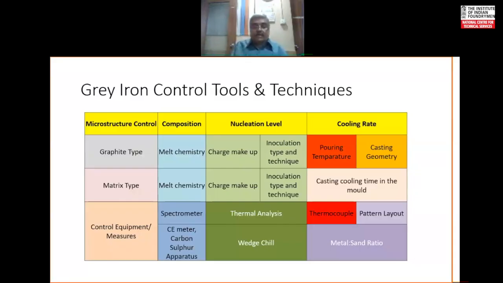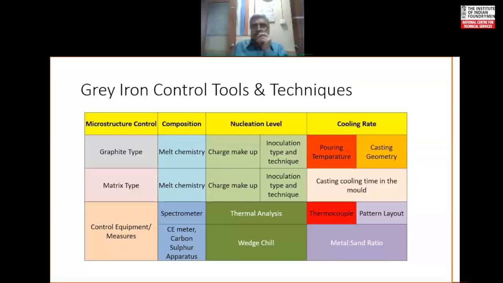Another simple test is the wet chill test. Very, very effective. So we will see what that wet chill test is. As far as pouring temperatures are concerned, I think all of you are familiar: thermocouples on the furnace and ensuring that you don't overheat the metal.